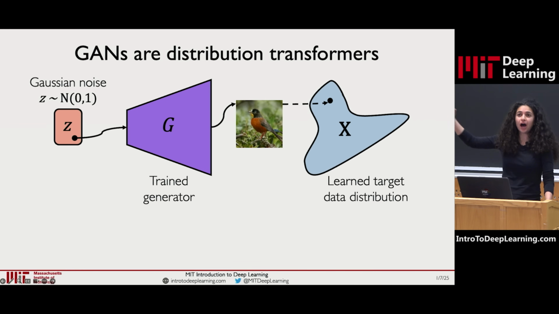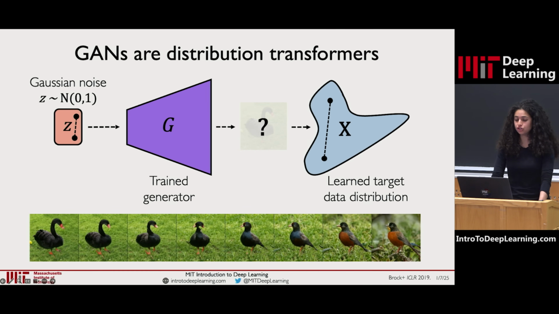If we consider another initial point in that distribution of noise and feed it through the generator, it would produce a new instance somewhere else in the target data distribution, somewhere else on the data manifold. And what we can actually do is smoothly interpolate and traverse the space of completely random noise, and it turns out it yields actual smooth interpolations in this learned data manifold.